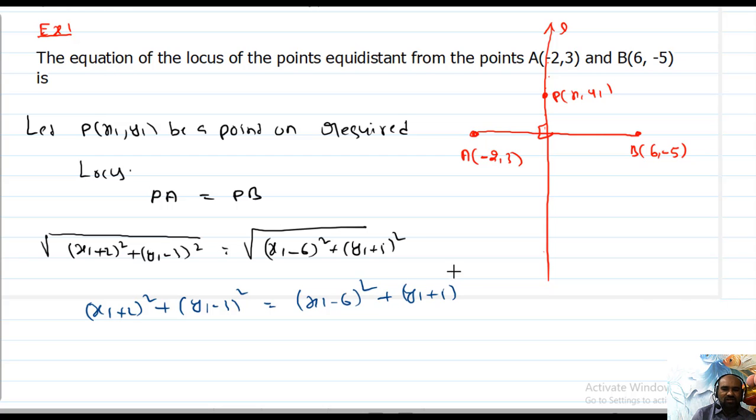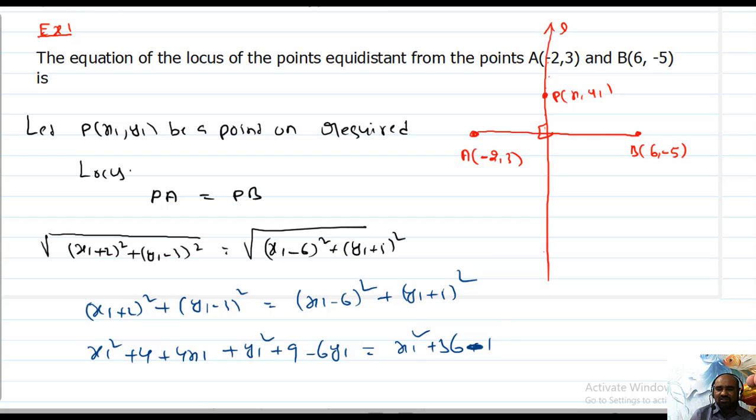Now more simplification: x1 square plus 4 plus 4x1 plus y1 square plus 9 minus 6y1 equal to x1 square plus 36 minus 12x1, plus y1 square plus 25 plus 10y1.